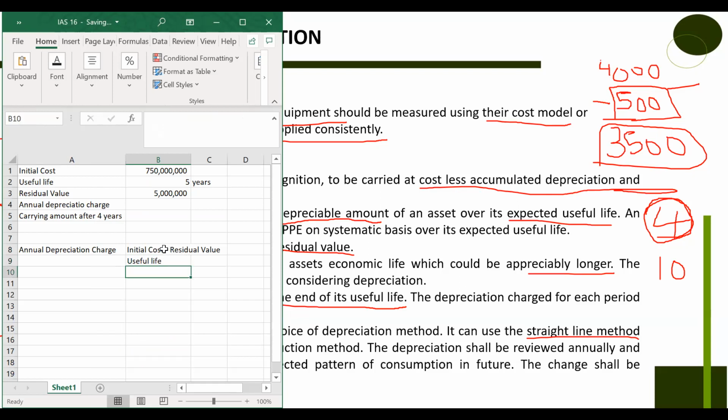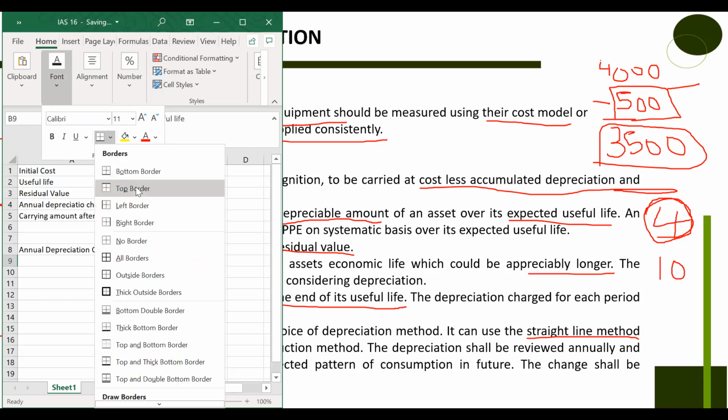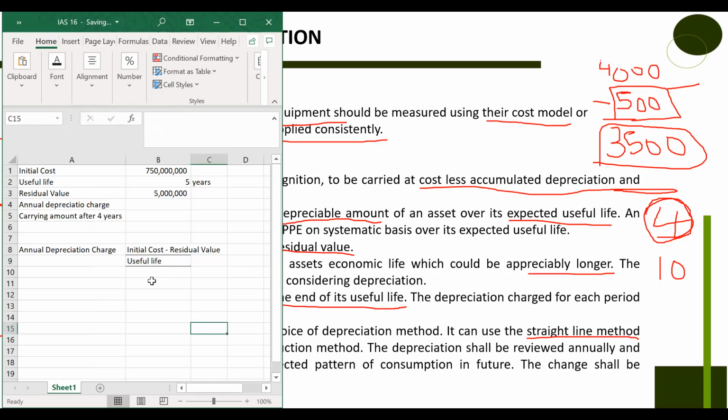So you can see that this is actually very interesting and easy to solve. So if we look at this now, what's our calculation? It will be what? Give it to me. 750,000 minus what? 5,000. That will give us 745,000.